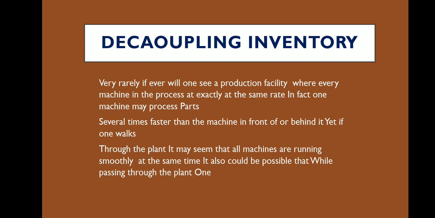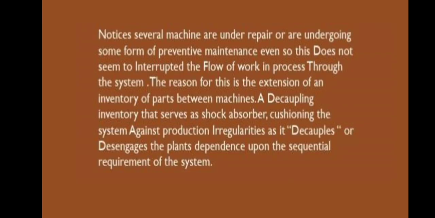Yet, if one walks through the plant, it may seem that all the machines are running smoothly at the same time. It also could be possible that while passing through the plant one notices several machines are under repair or are undergoing some preventive maintenance. Even so, this does not seem to interrupt the flow of work in process through the system.